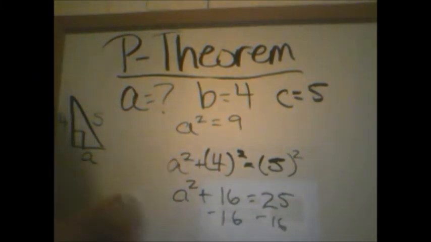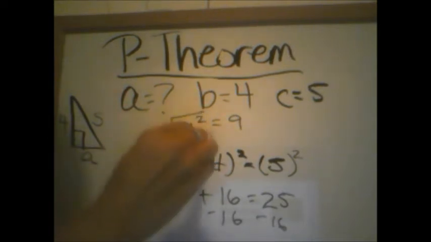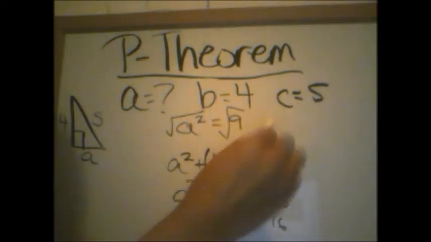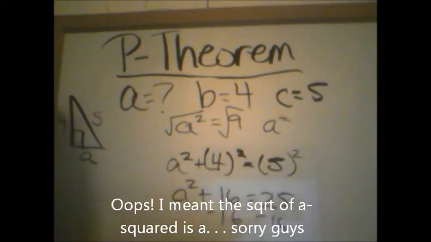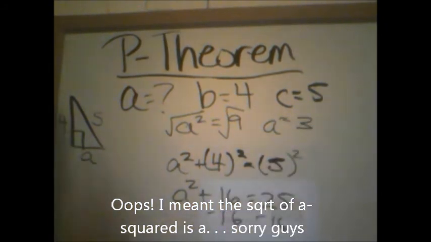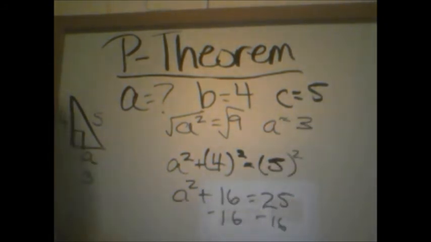Now we have to get a by itself, and what we do is square root both sides. The square root of a squared is a. The square root of 9 is 3. So a would be 3. And that's all you basically do when you're trying to figure out the Pythagorean theorem.